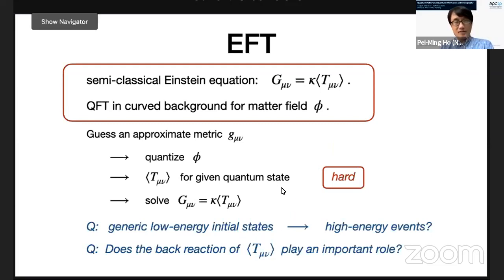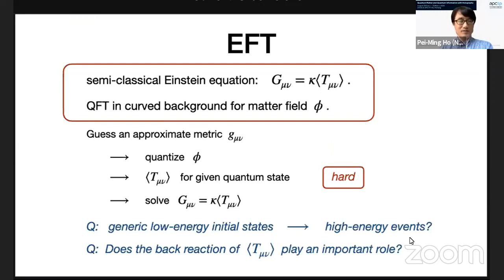Now, there are other questions you may ask. For example, there would be higher derivatives involved in these equations. So in principle, there could be more than one solution. There could be many solutions. And you may ask whether the particular solution you get from a particular initial guess metric is not a generic solution. Maybe it happened to be a fine-tuned solution, and maybe generic solutions would have high energy events.